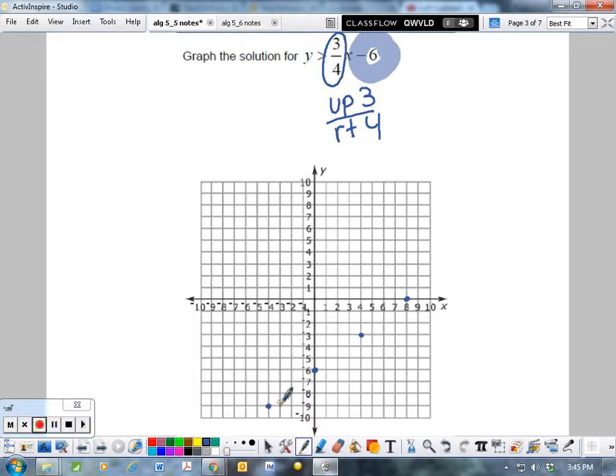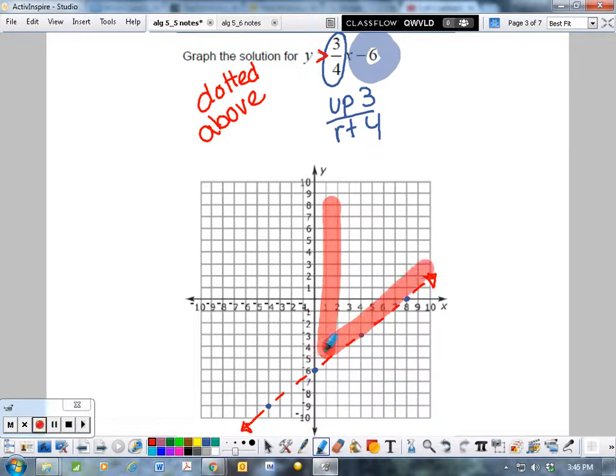And then I have to figure out what type of line it is. So my symbol is greater than, which means it's going to be dotted. So I'm going to go ahead and draw a dotted line. And then because it's greater than, I'm going to shade above the line. So I'm going to go ahead and take my little highlighter, and anything that's above the line, so I usually start at the line and I draw straight up, so then I know where to shade in.